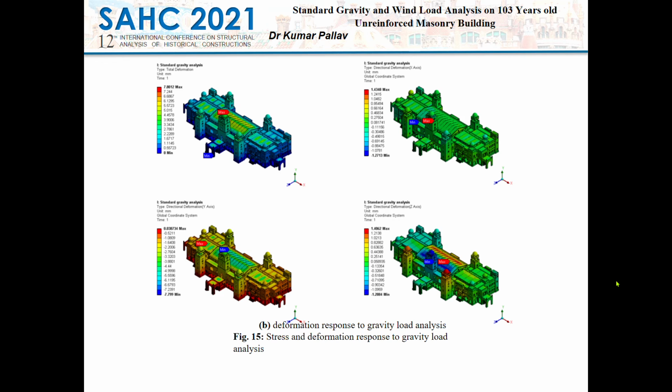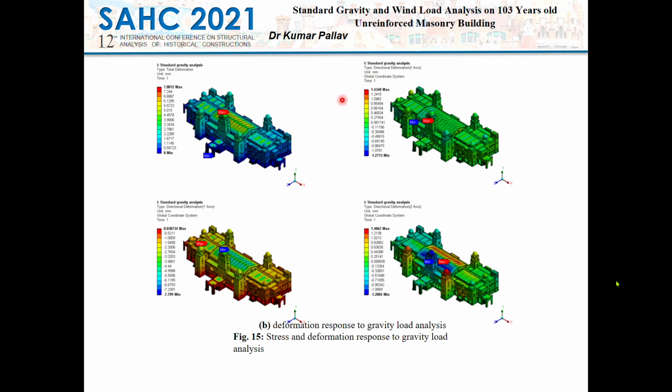So if you see this particular gravity analysis, the total deformation of 7.80 is obtained at the top portion of the roof.